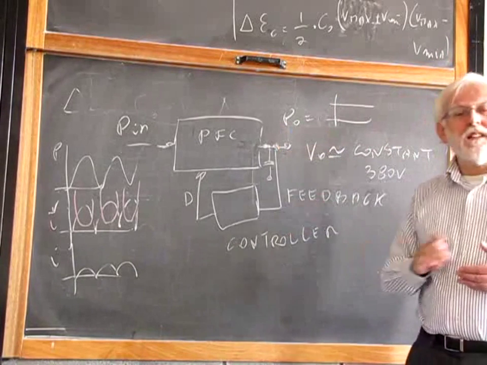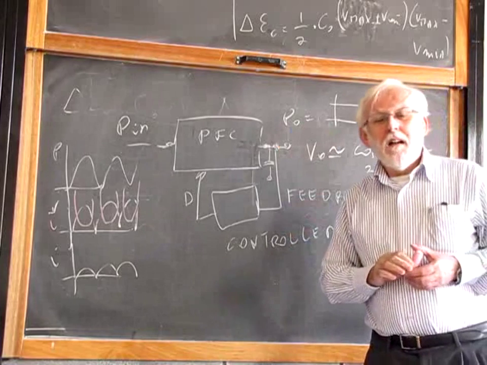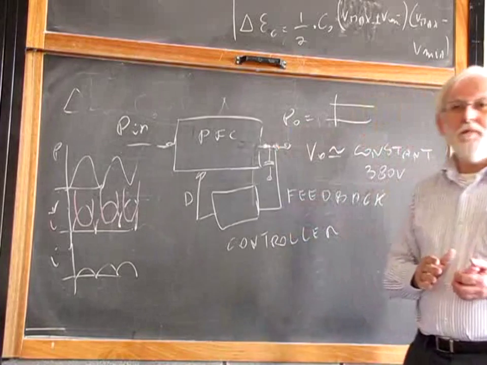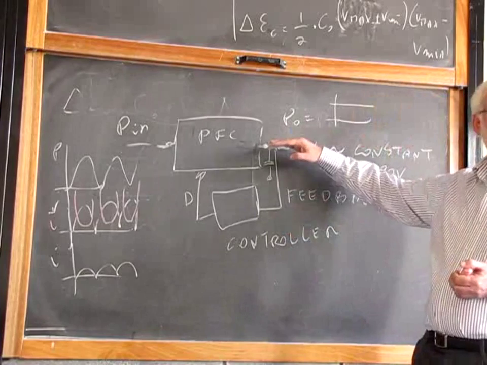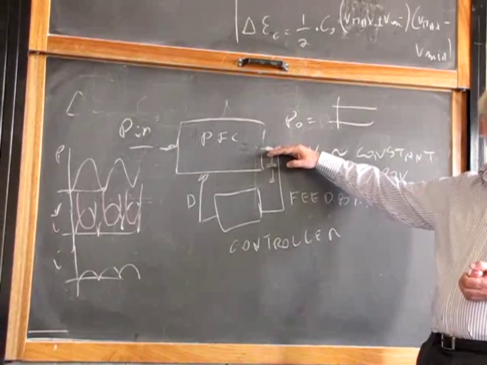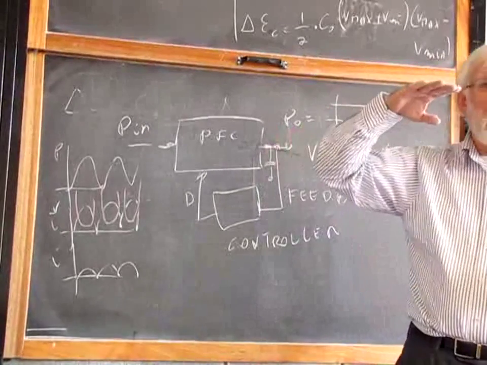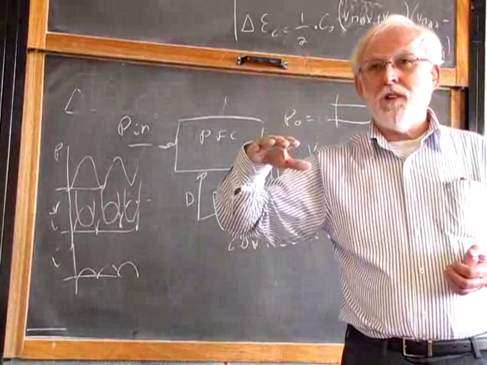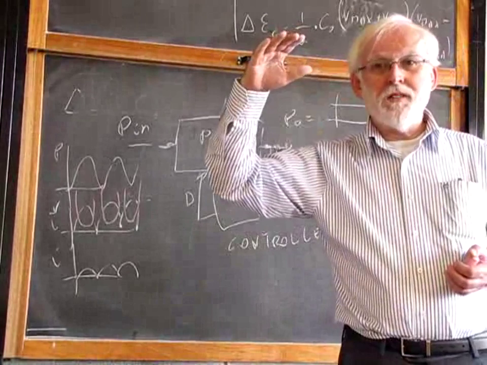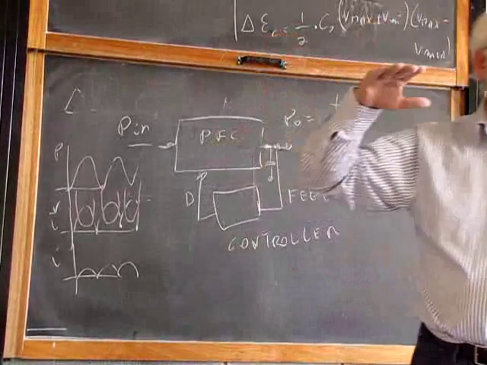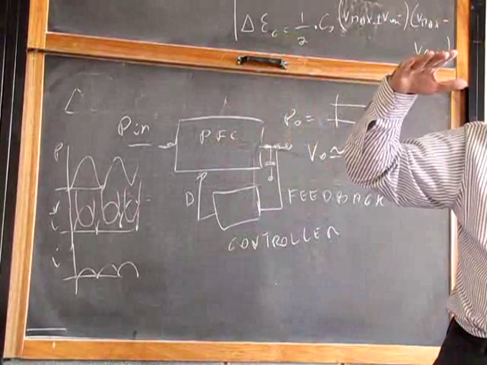So this feedback control system must not correct, must not stabilize the output voltage at 100 Hz frequency. The output voltage must stay more or less constant. I don't want my average output voltage to go down to 200 volts or go up to 500 volts. I want my output voltage to stay around 400 volts, 380 or so.